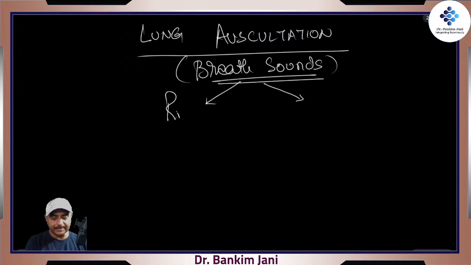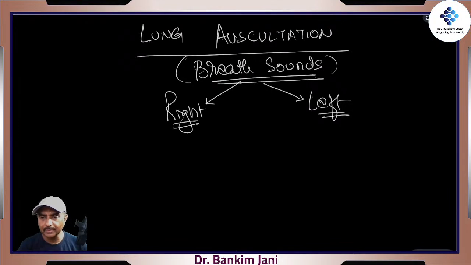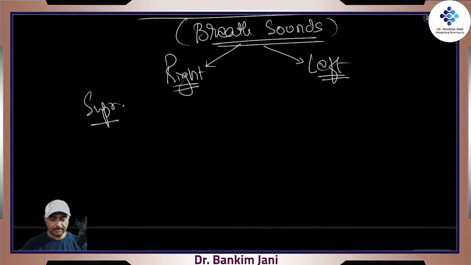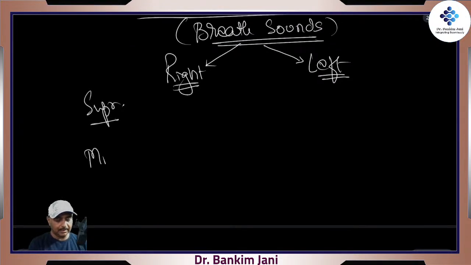Whenever you do the right side and the left side auscultation, right or left, there are superior, middle, and inferior lobes.